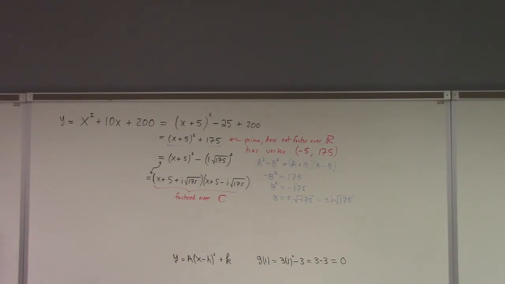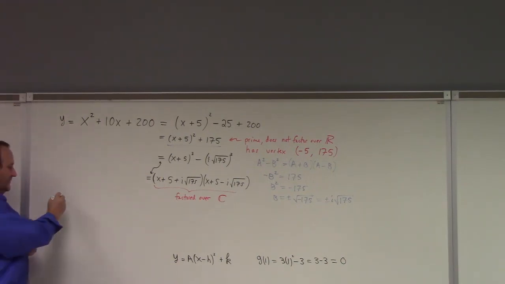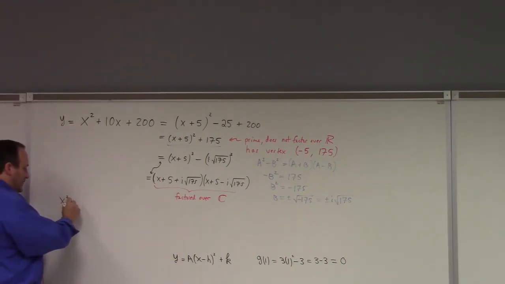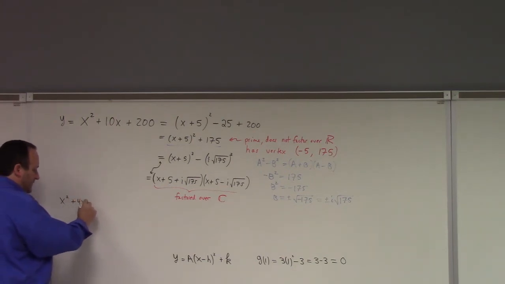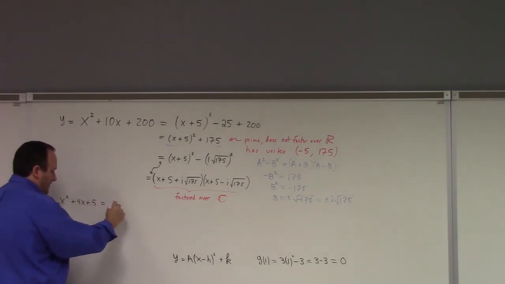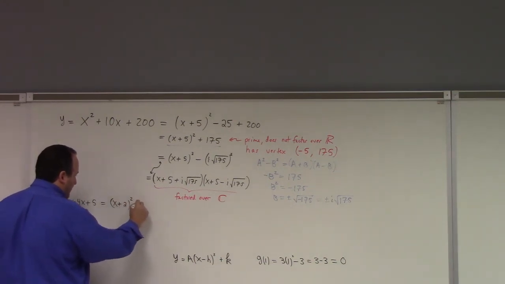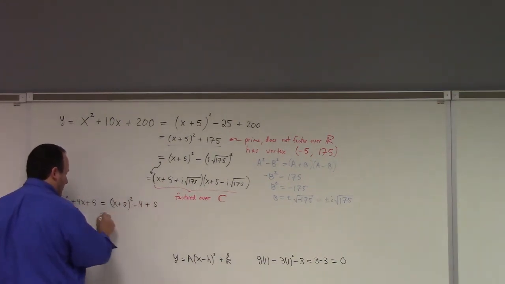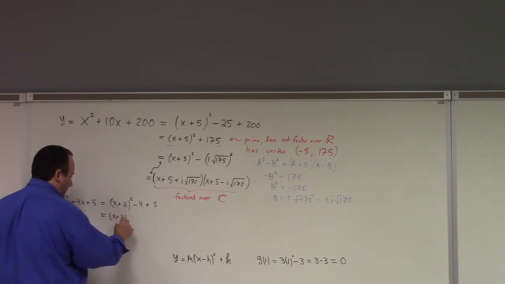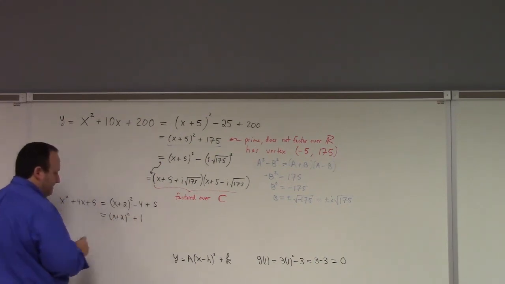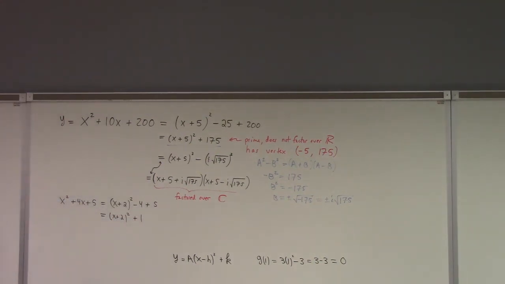Let me do another one of these really quick. If you had x squared plus 4x plus 5, you'd have x plus 2 squared minus 4 plus 5, which would be x plus 2 squared plus 1. This one's going to be easier for us to see.